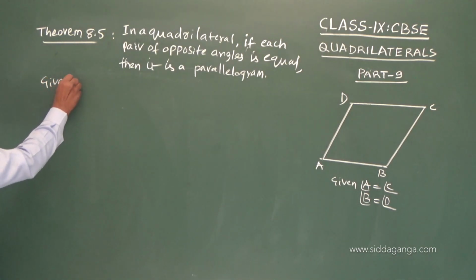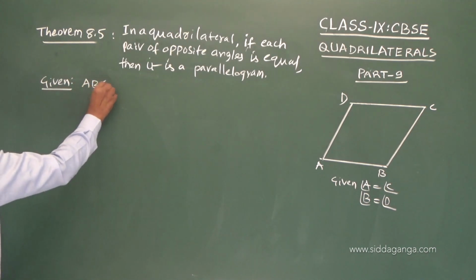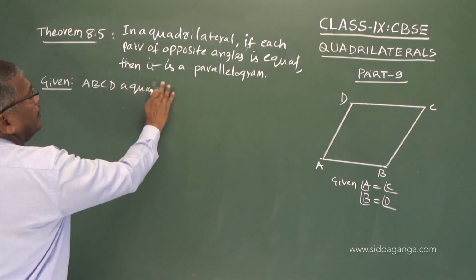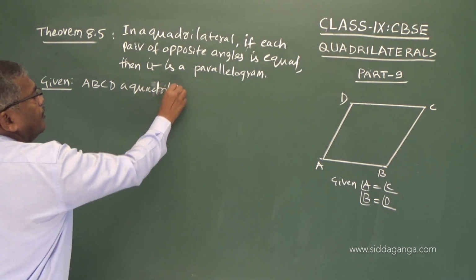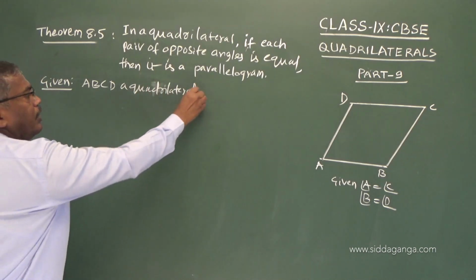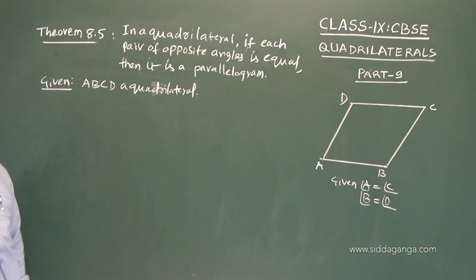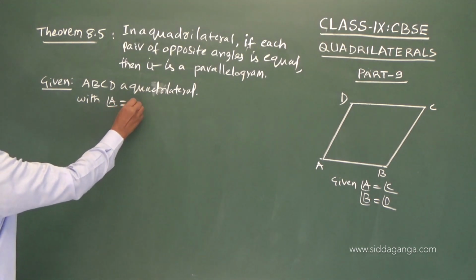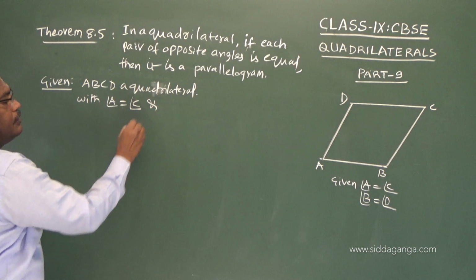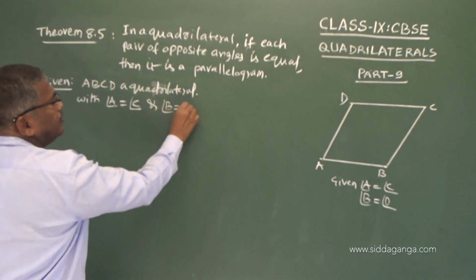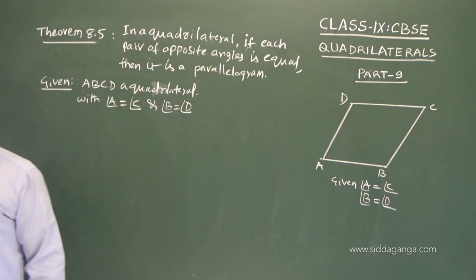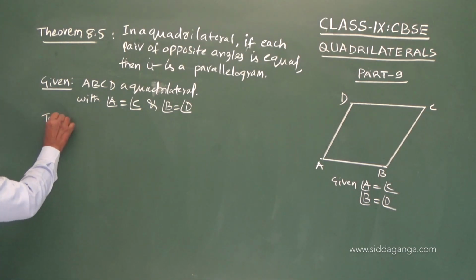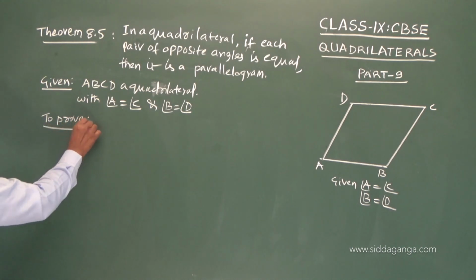So I will write here, given: ABCD is a quadrilateral with angle A equals angle C, opposite angles are equal, and angle B equals angle D. This is also given. To prove: what is to be proved?